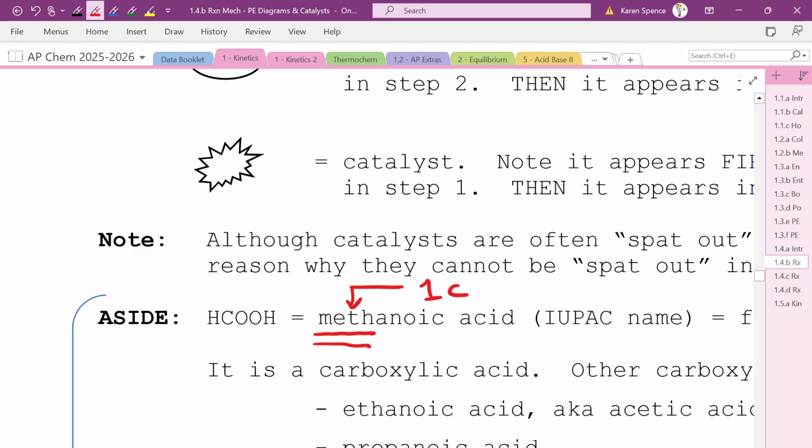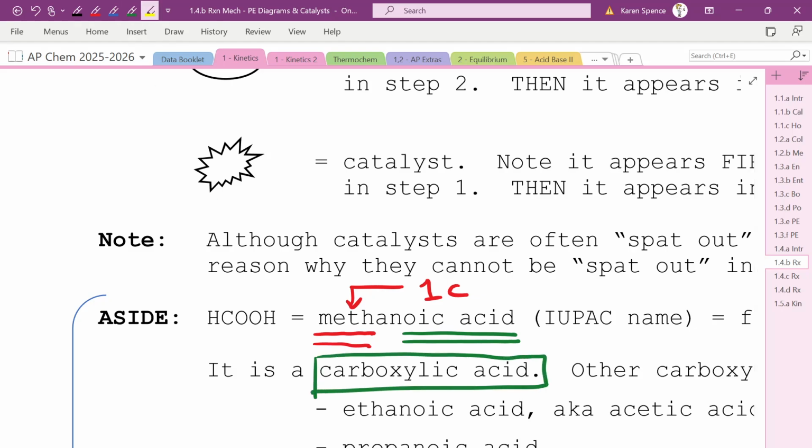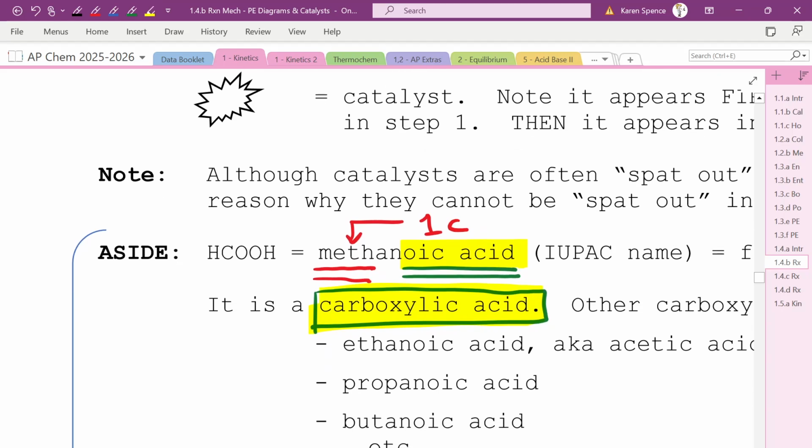And when we have an oic acid, that means that you have a carboxylic acid. So ethanoic acid, propanoic acid, butanoic acid, those are all carboxylic acids.